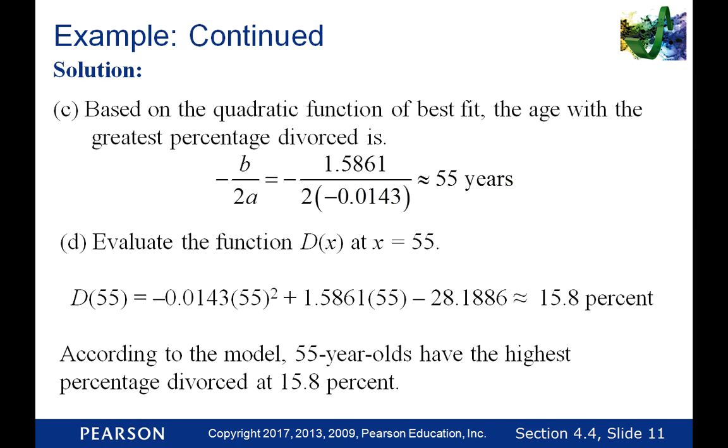So plugging that into the actual equation, plugging in X, get the Y value that goes with it. That is the percentage of 55-year-olds that are divorced, according to our data. Which, according to natural data, that's pretty small. It's supposed to be around 50%.